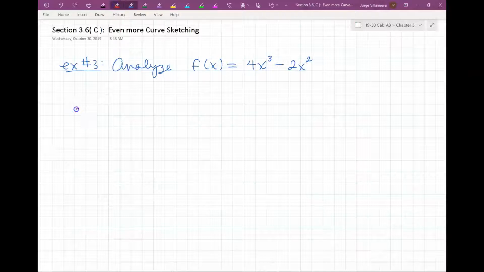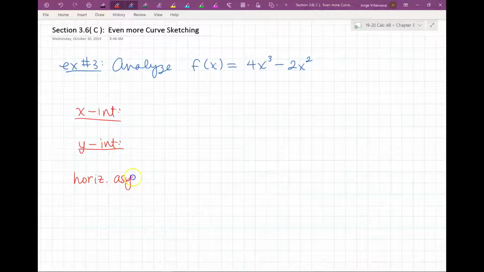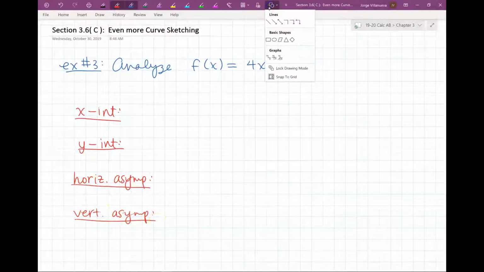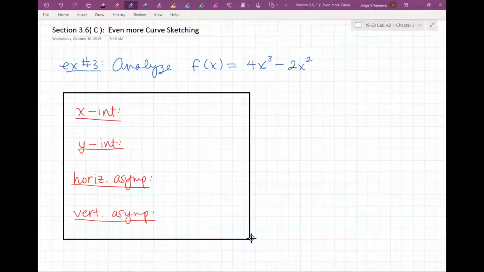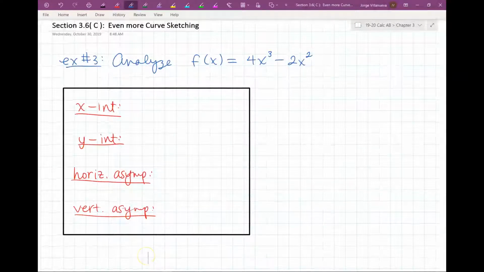So let me write this down: x-intercept, y-intercept, horizontal asymptote, vertical asymptote. And I'm just going to put a box around those because that's what I've got to do right now. So let me just keep that on the side.